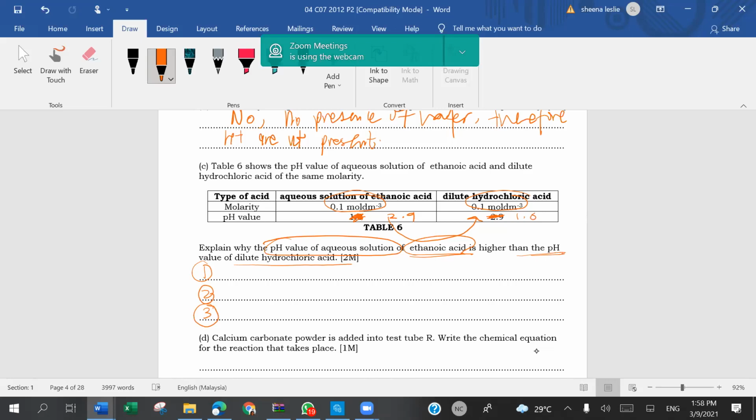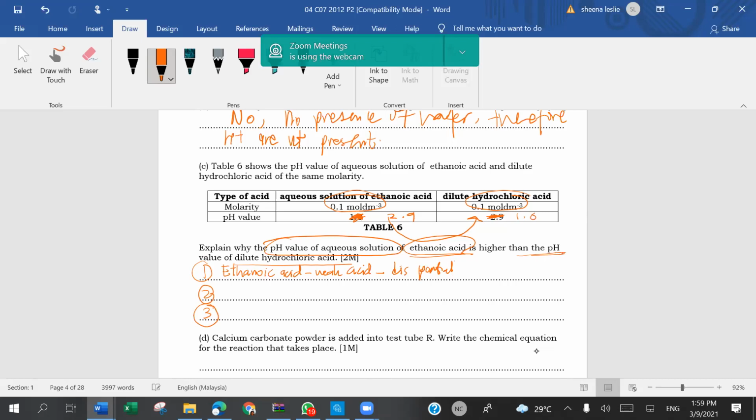Okay, so we go through the concept again. So ethanoic acid is a strong acid or a weak acid? Weak. Very good. Ethanoic acid is a weak acid. So when it is a weak acid, it will dissociate partially or completely. Partially. Very good. Teacher is going to put only the word dis because no space.